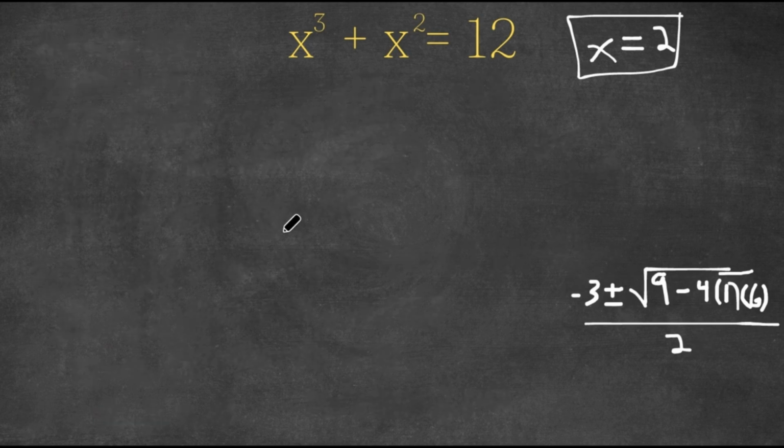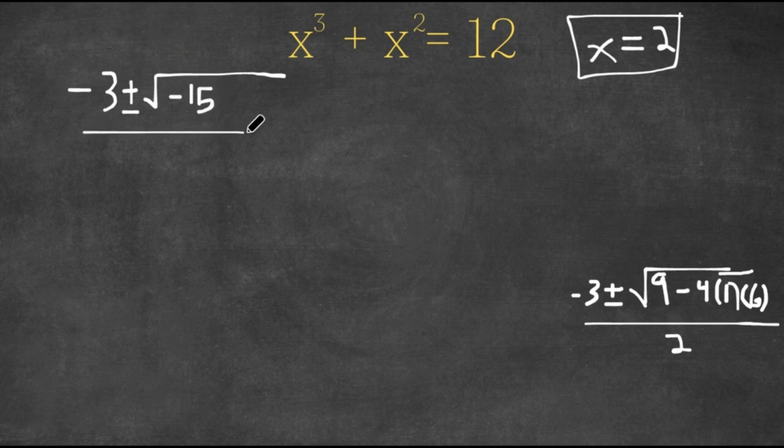All right, so this would convert to negative 3 plus or minus the square root of 9 minus 4 times 1 is 4, and 4 times 6 is 24. So we have 9 minus 24, which is actually equal to negative 15. And we still have this over 2.